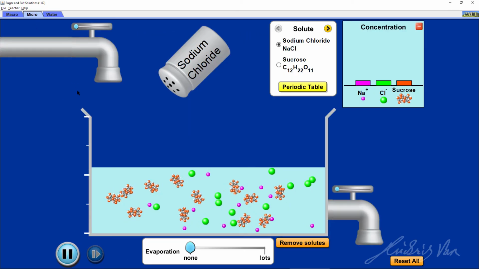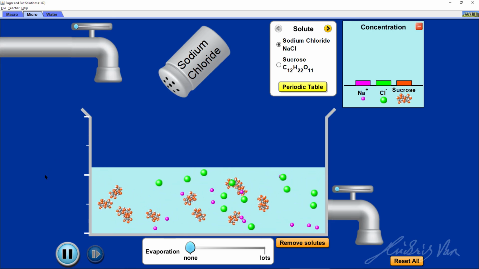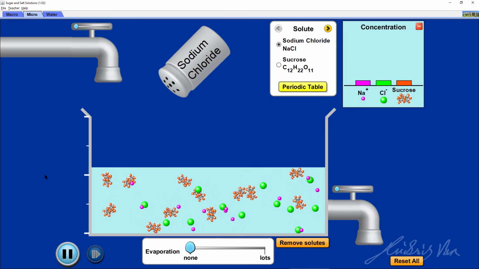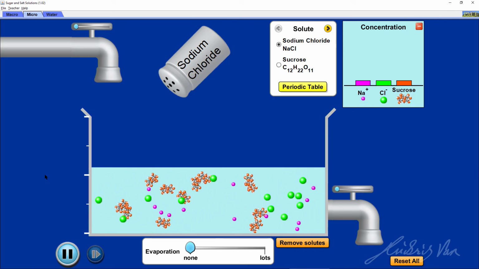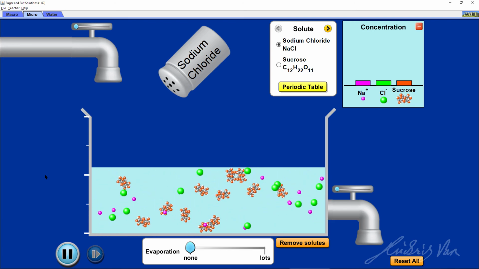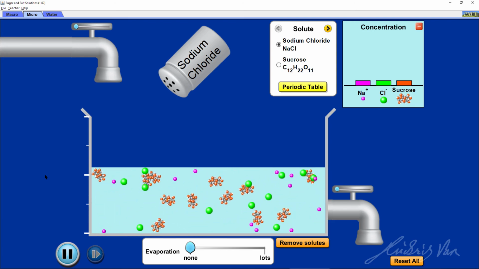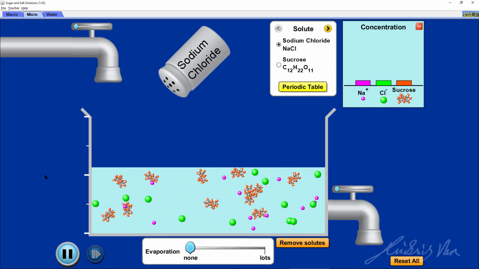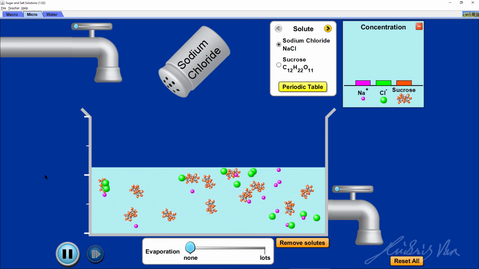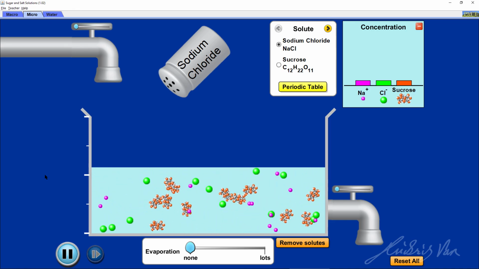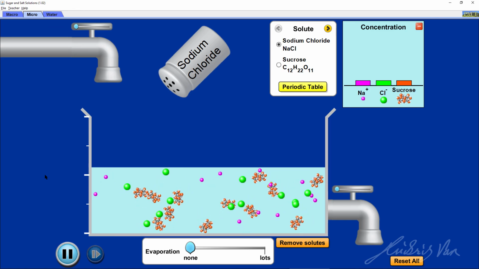So in summary, what happens when a substance dissolves is water molecules will surround the ions or molecules, causing the ions to dissociate or causing the molecules to separate from one another. And because individual ions as well as individual molecules are too small for us to see with our naked eyes, that's why they quote unquote disappeared.